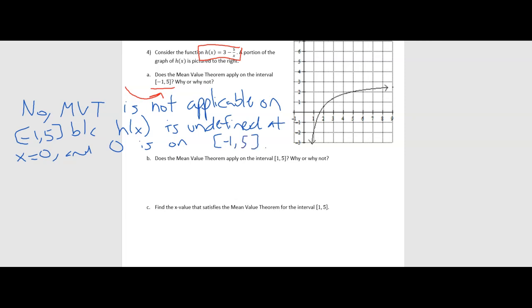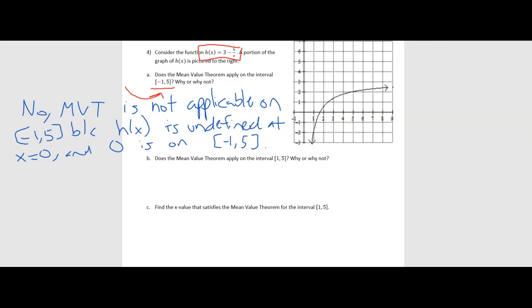Again, there are a couple of different ways you could write this, using different words, but the idea has to be there. You have to talk about where this function is undefined and that makes the function not continuous over the entire closed interval. All right, for part B, does the mean value theorem apply on the interval 1 to 5?